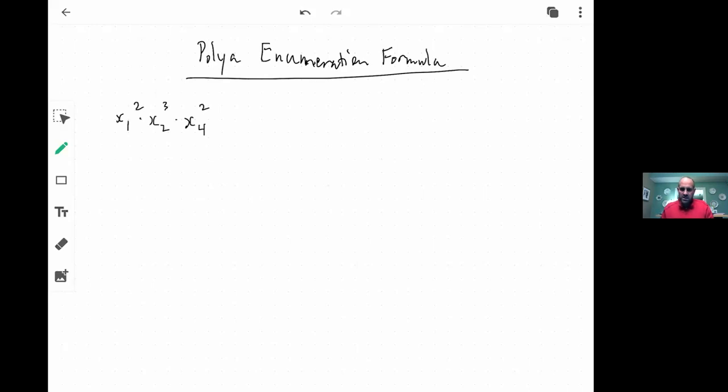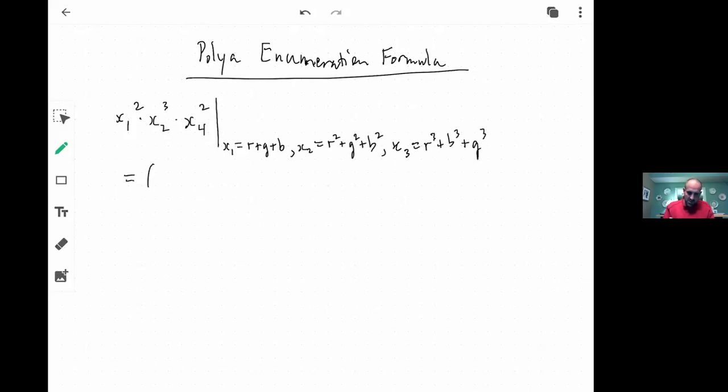Well, we know that in the Polya enumeration formula, what we were asked to do was to actually plug in x1 equal to, let's do red, green, and blue or something. Red plus green plus blue, okay? x2 was r squared plus g squared plus b squared, and x3 was r cubed plus b cubed plus g cubed. Okay, so what do I get when I do that?